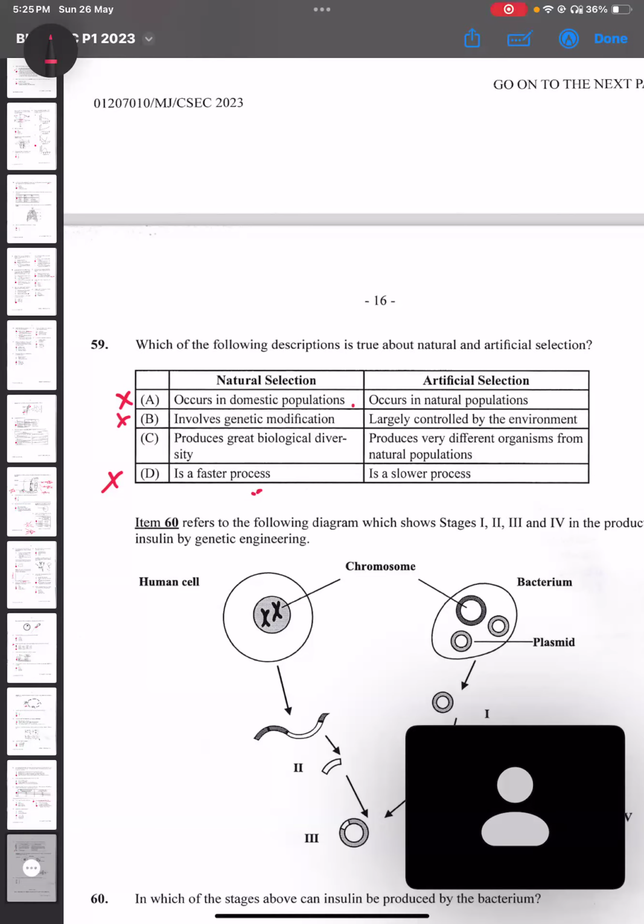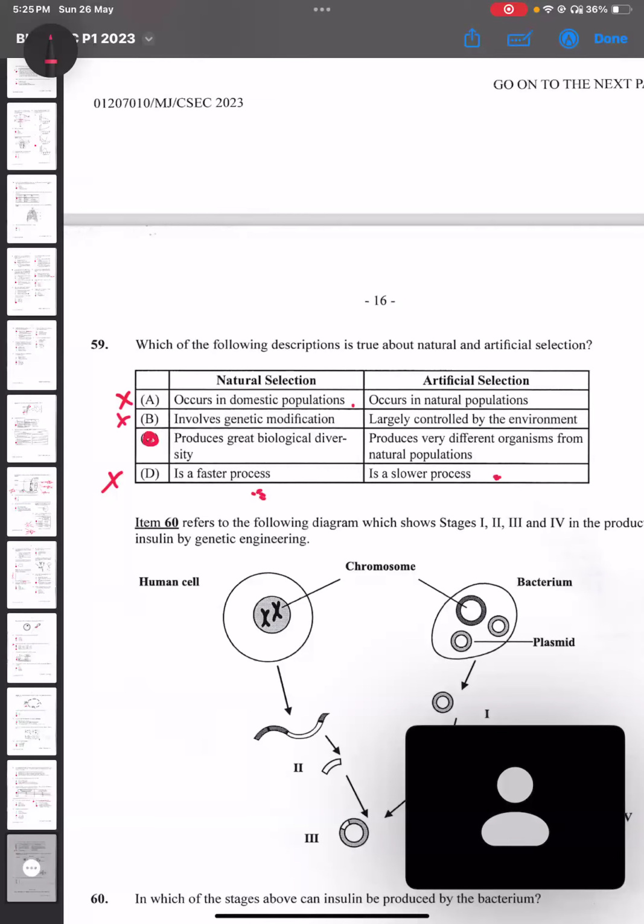But for artificial selection, it doesn't take that long because you just pick them, you know the traits that you are looking for in that population and what you want to see. You put them together and they reproduce and you get the offspring with those traits. For natural selection, it takes a longer time for you to see specific traits showing up inside of the population like that.